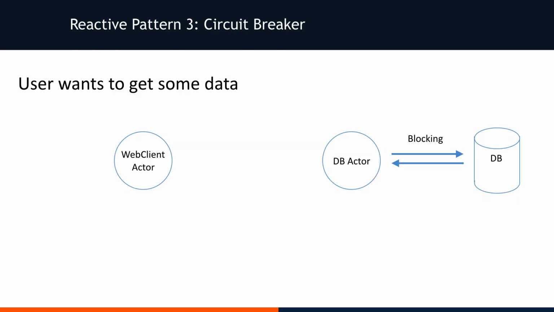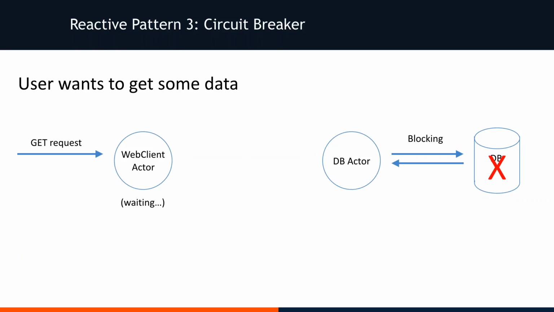So yes, the scenario is the user wants to get some data. The user makes a GET request. The web client actor sends a message to the DB actor, give me some data. And at this point, the web client actor is waiting because they're completely separated, as we mentioned before. And as the DB actor is trying to fetch data, a failure occurs in the database.